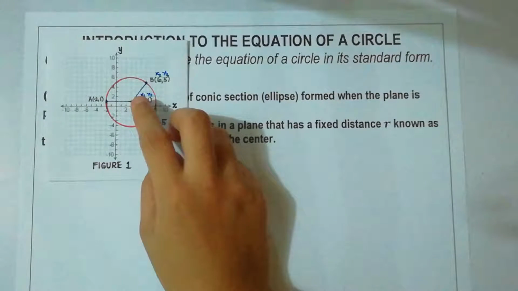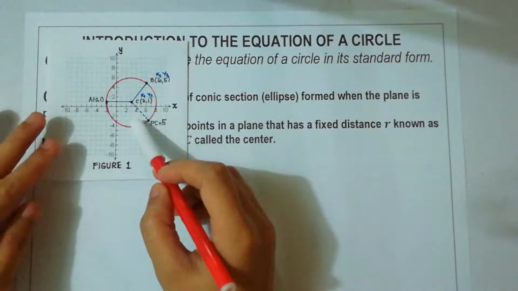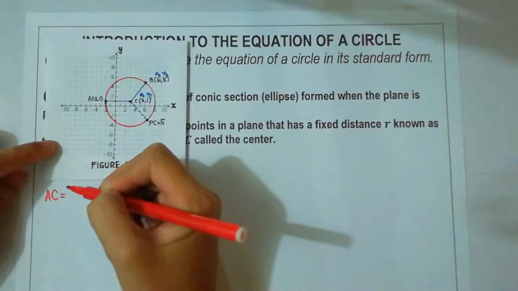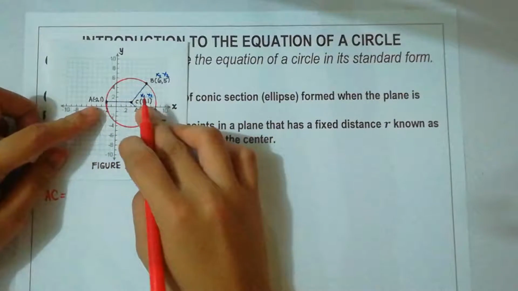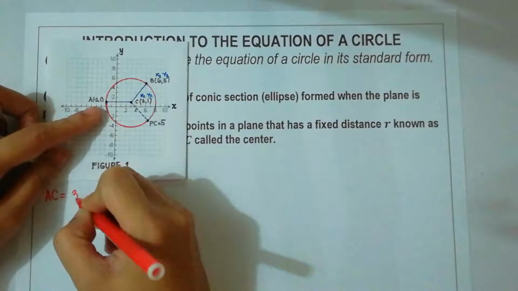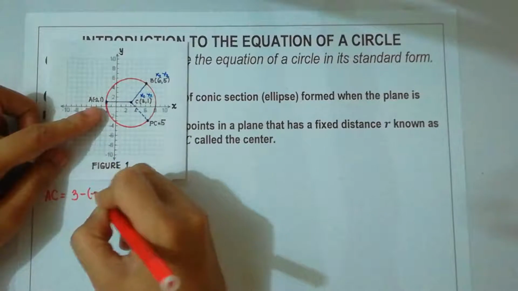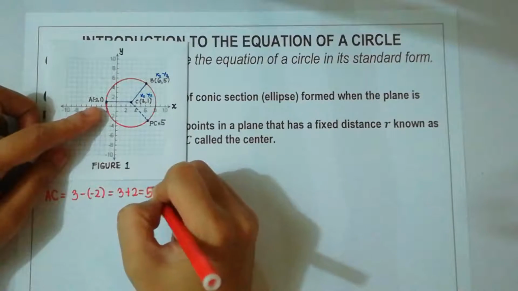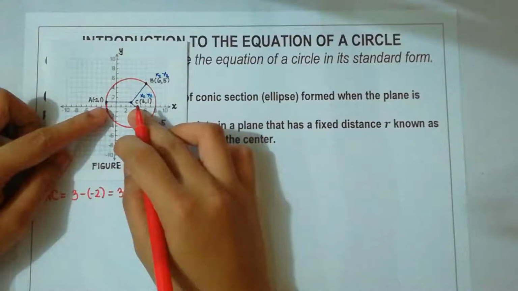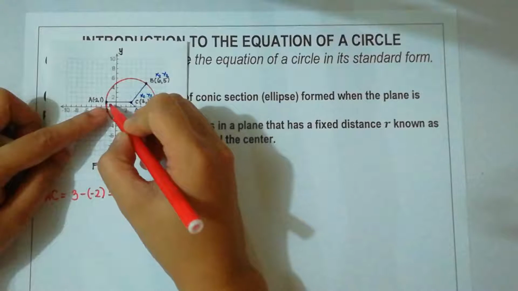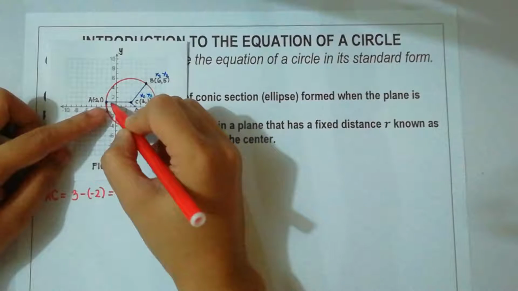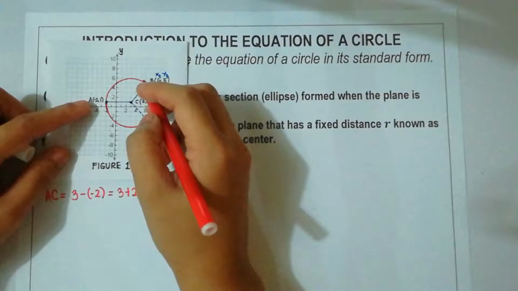Because, using the distance formula, point A to point C is equal to 3 minus -2, which is 3 plus 2, equals 5. Since the line is horizontal, we can verify it by counting the number of units point A is from the center. So we can count 1, 2, 3, 4, and 5.